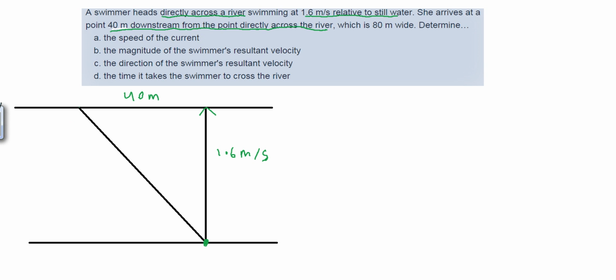So she's going to arrive here. Which means if this is the way she's supposed to travel, and this is the spot that she ends up, she's actually traveling along this resultant direction. And the river is 80 meters wide.